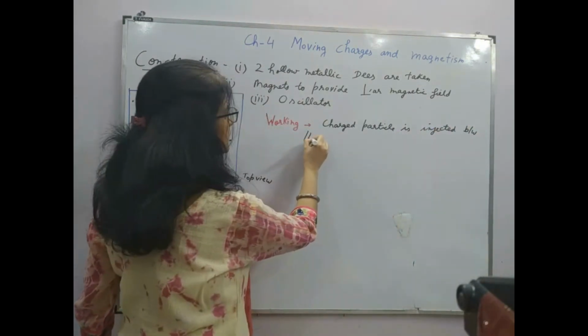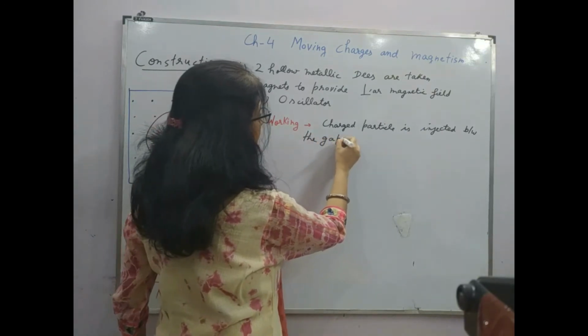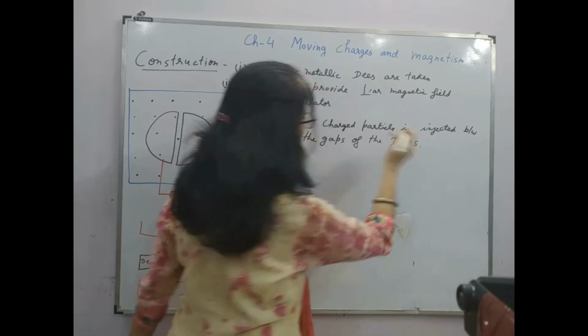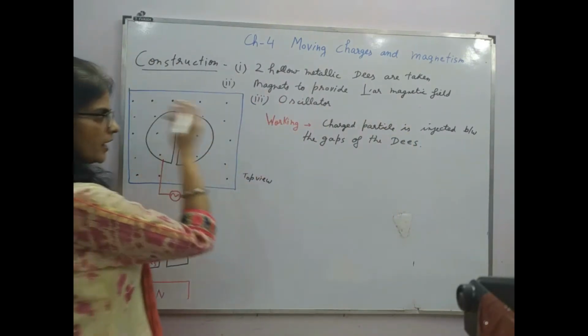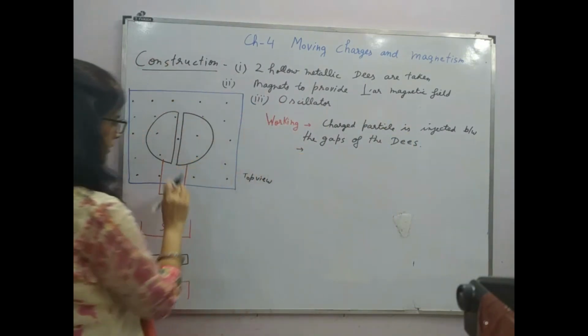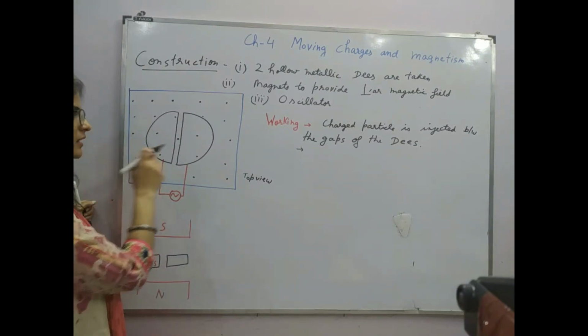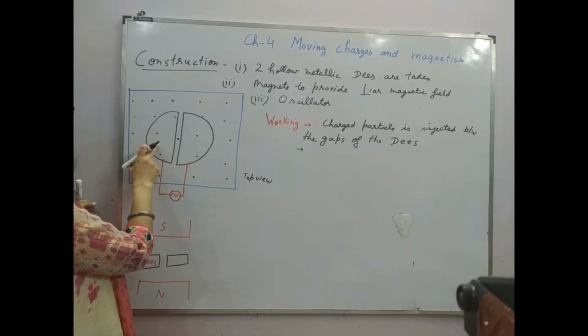If it is positive, in one half cycle, this will be positive and this will be negative, since this is an oscillator.